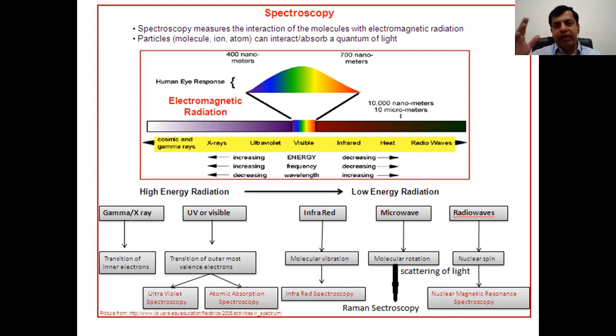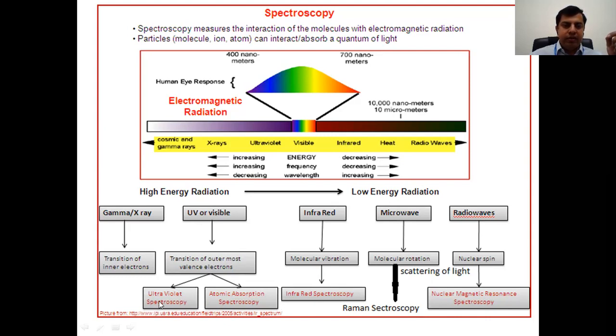You can see why this is happening. This is only due to the difference in energy, and the difference in energy is due to the difference in wavelength, as we have already described, because all three components are related directly or inversely to each other.